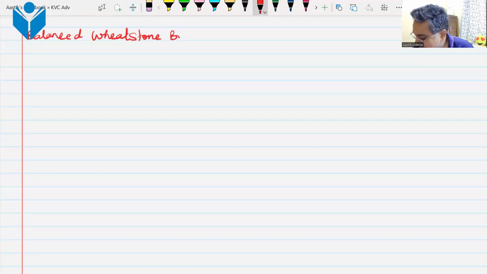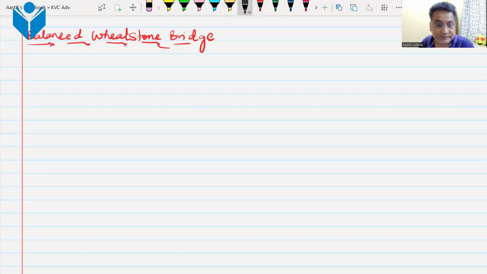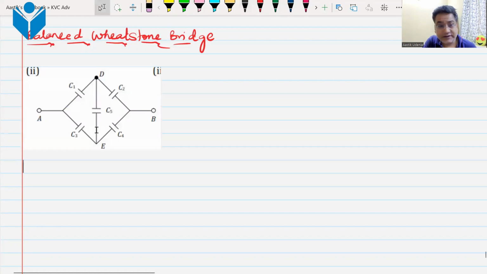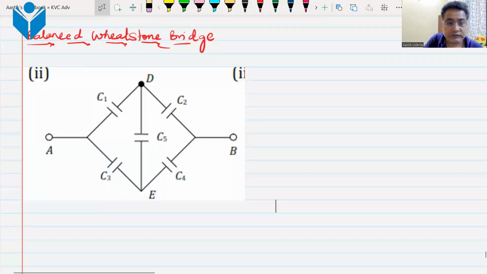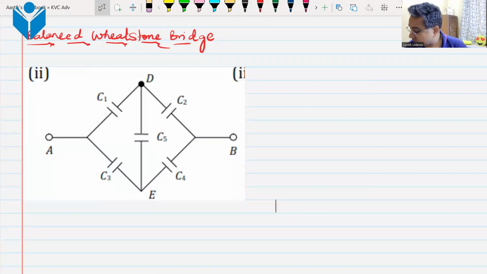The next thing that you have to understand in solving equivalent circuits is the balanced Wheatstone bridge. Have you heard about this balanced Wheatstone bridge? Yes, sir. What is this balanced Wheatstone bridge? If you have any circuit like this, and C1 by C3 is equal to C2 by C4, then C5 is short circuited.